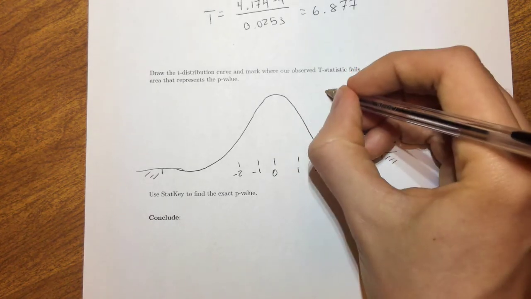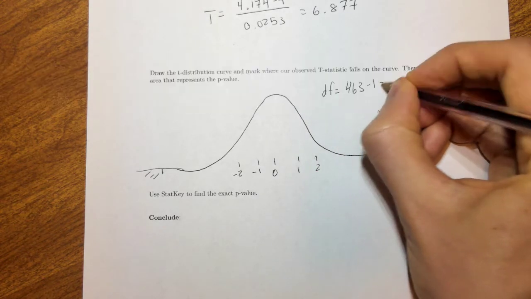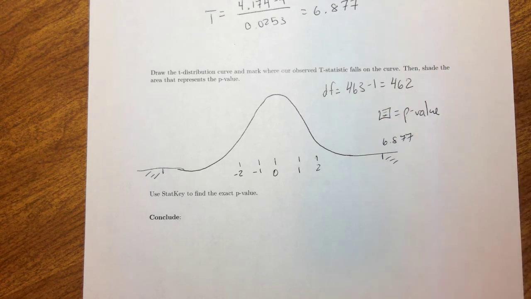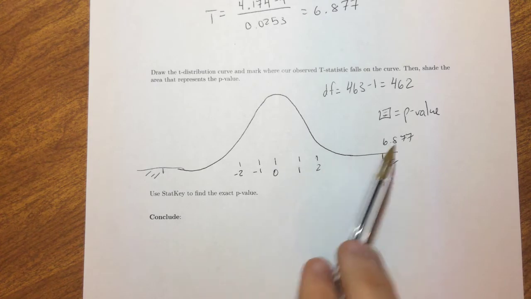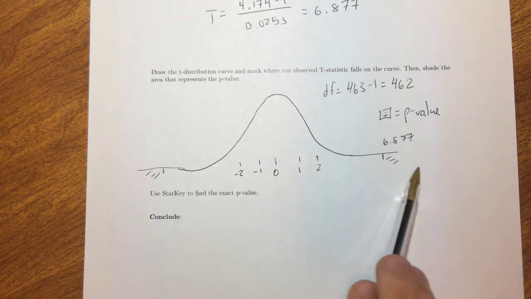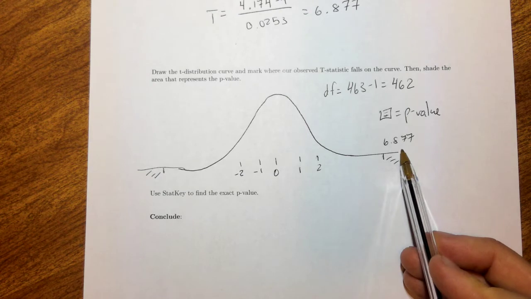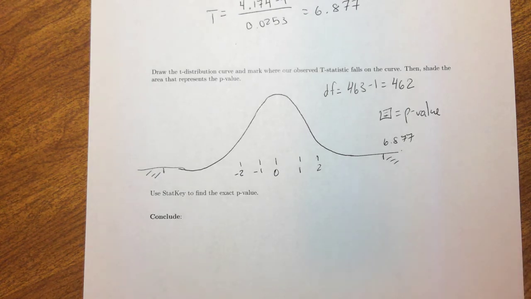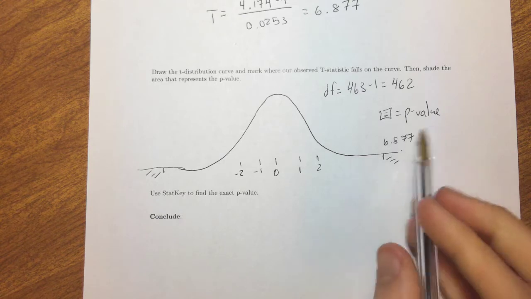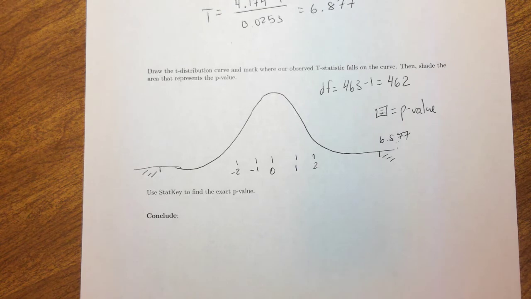To get the exact shape of that, we would also need to know the degrees of freedom, which in this case are just 462. And so remember, the logic here is that if the null hypothesis is true, I would see t-stats that look like this. What we observed was way off the graph. So my conclusion logically is, well, if our observed t-stat was so unusual, then the null hypothesis might not really be true.